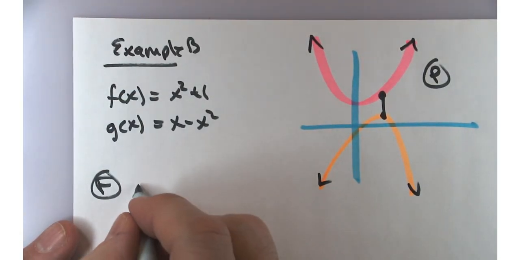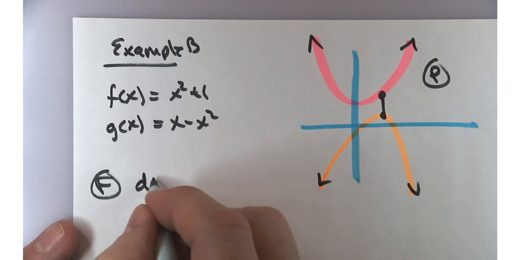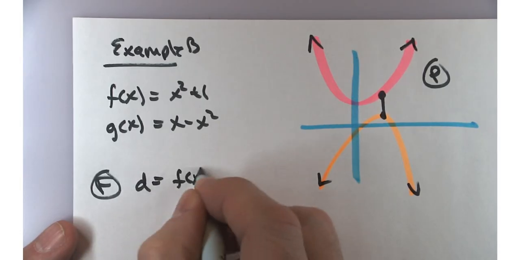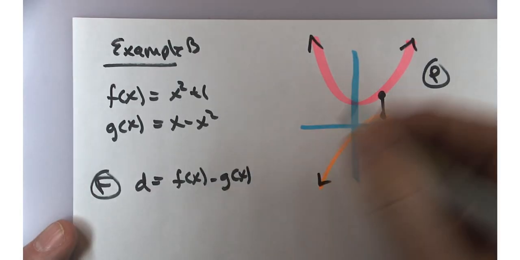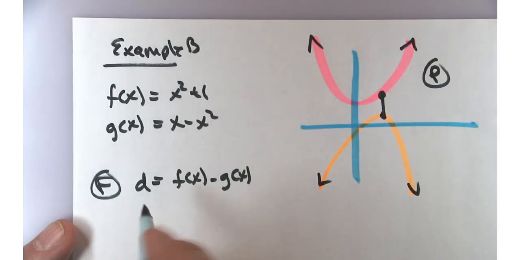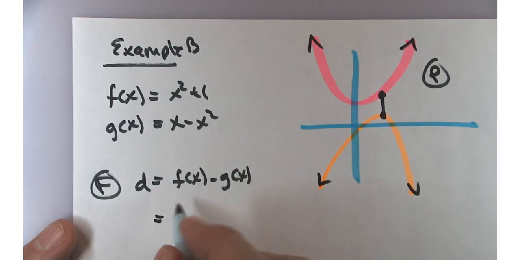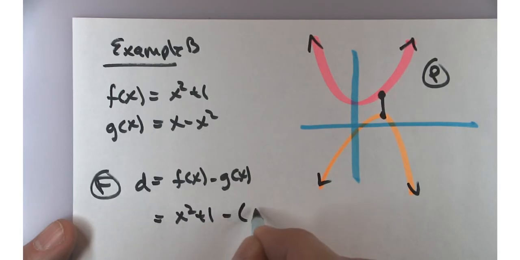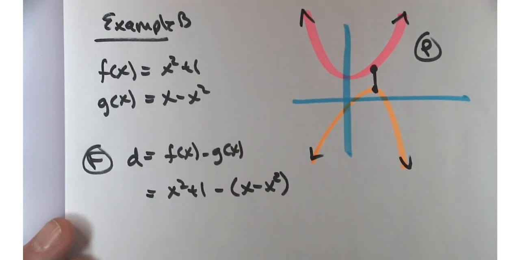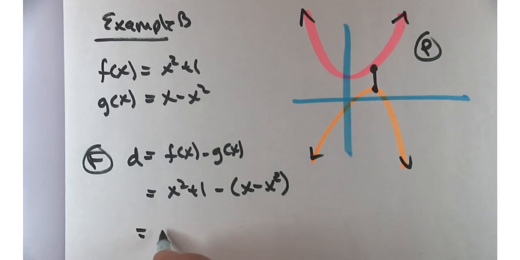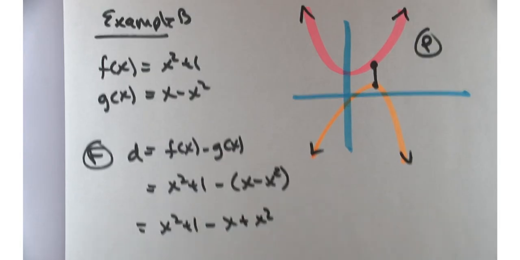So I'll call it d equals f of x minus g of x, our top function minus our bottom function, which is x squared plus 1 minus x minus x squared. Be careful to put that second term in parentheses because you've got to distribute the negative, which is going to give me x squared plus 1 minus x plus x squared.